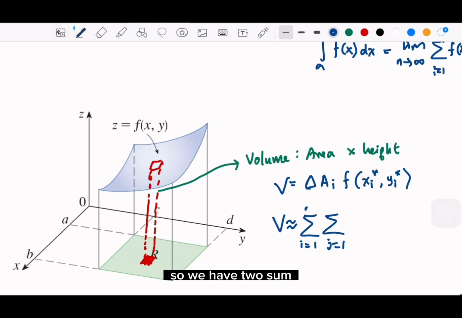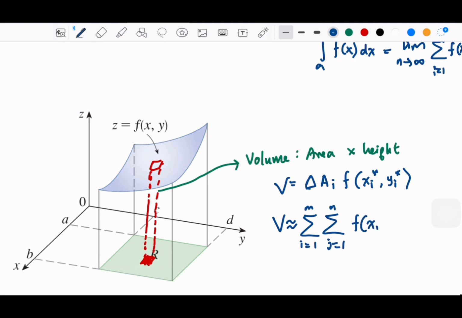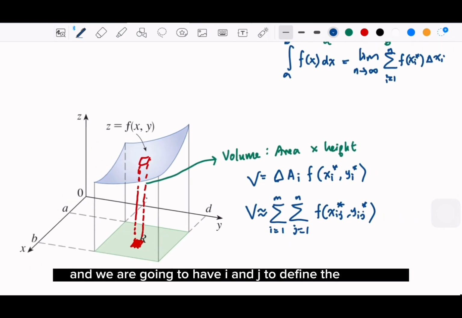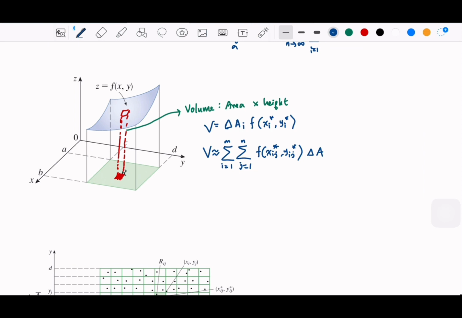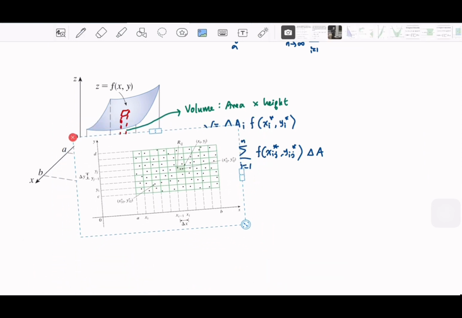So we have two sums that define x and y, and then f. We are going to have i and j to define the two axes, and then let's just write delta A for general.